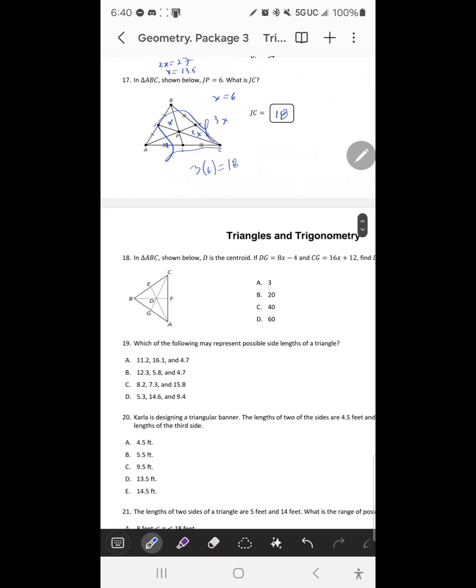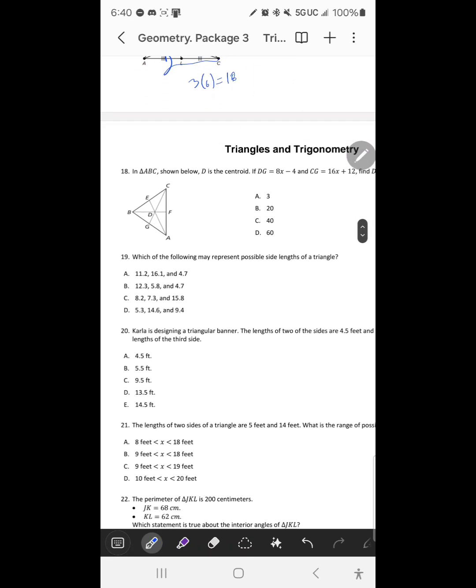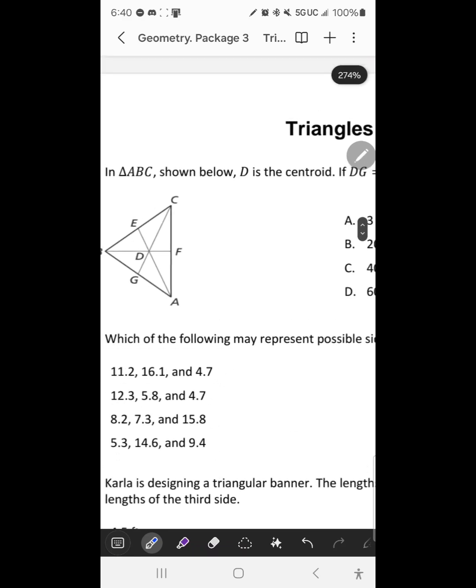Now one last question, so we can finish for today. Triangle ABC shown below. D is the centroid. Okay, keep working with the centroid.